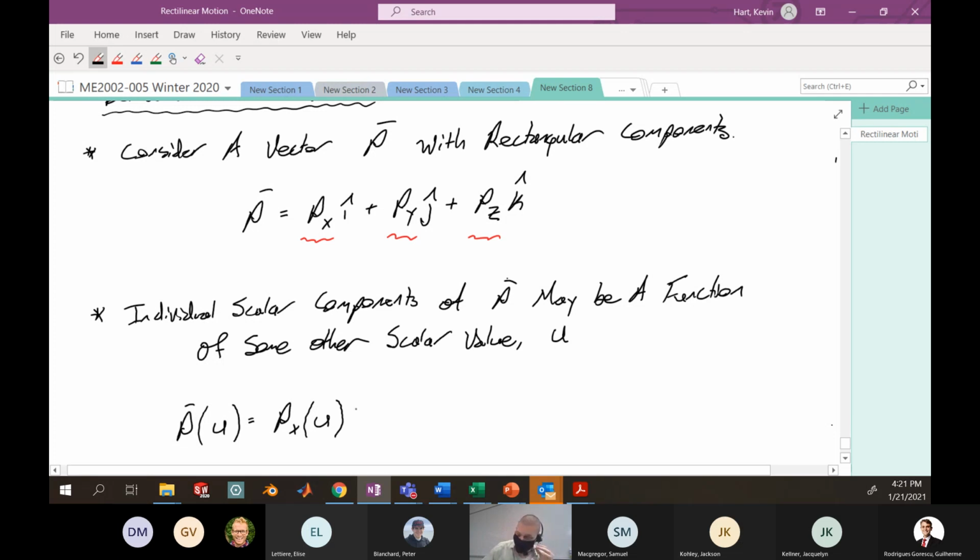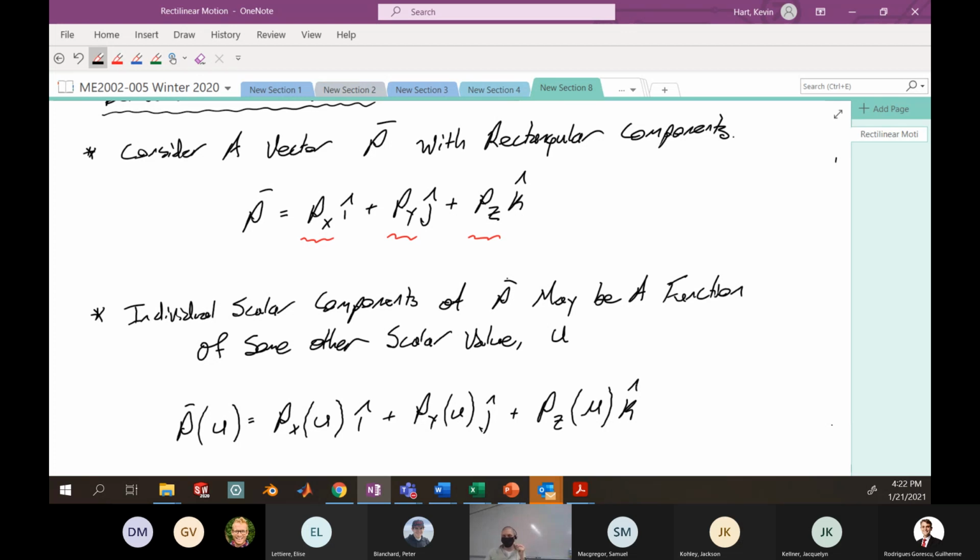Think of an x component as a function of time, for instance, plus your y component, plus a z component, which define your vector. And they each might change independently. Px might change differently as a function of u than py changes. All right, they could all have their own functions.